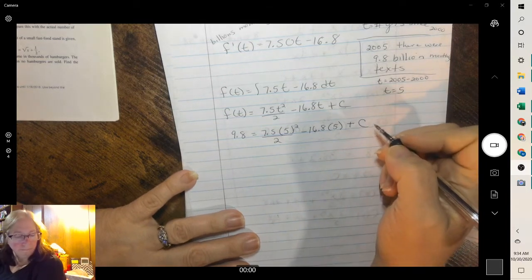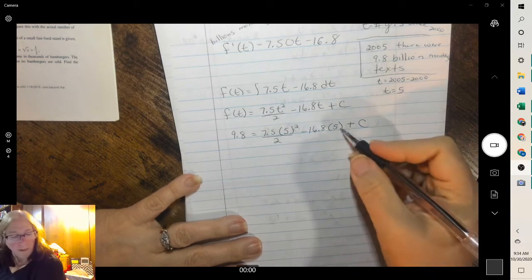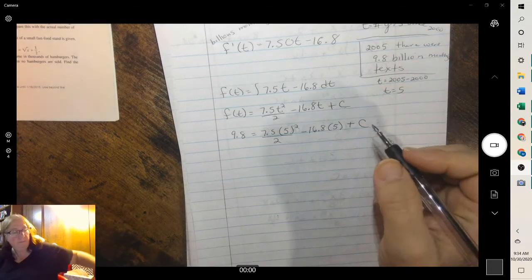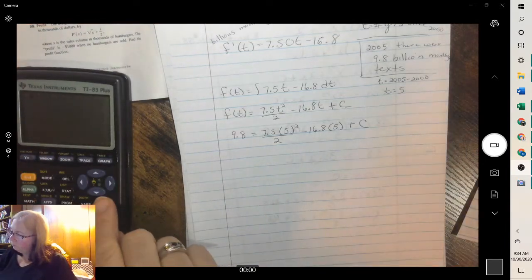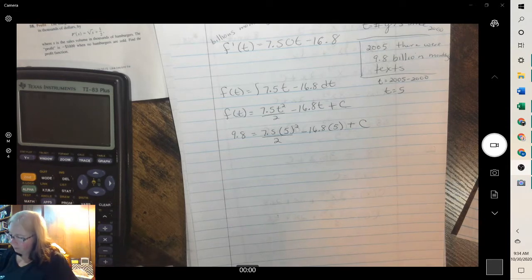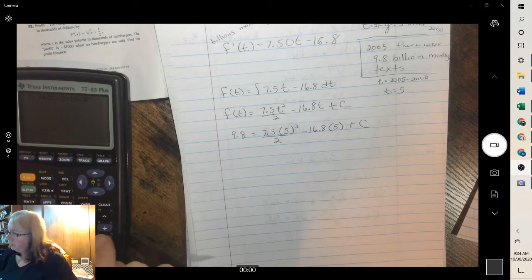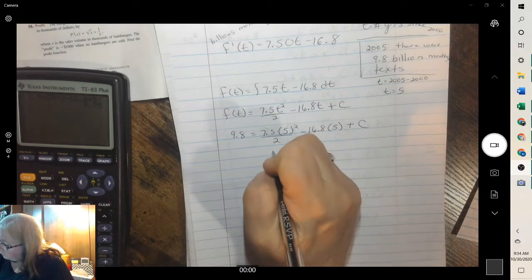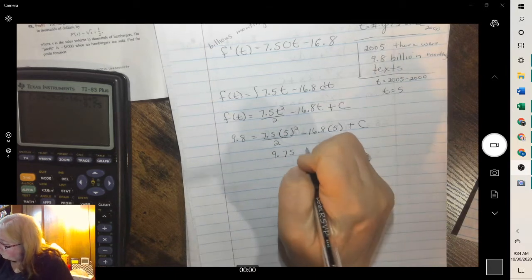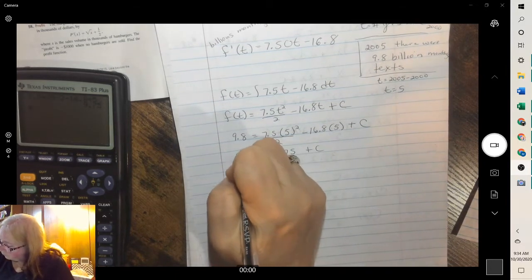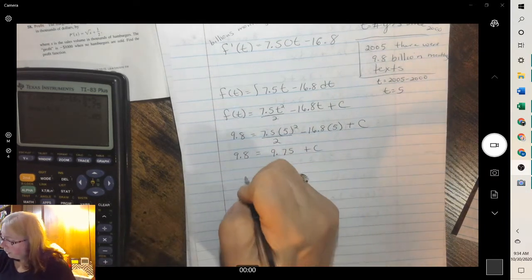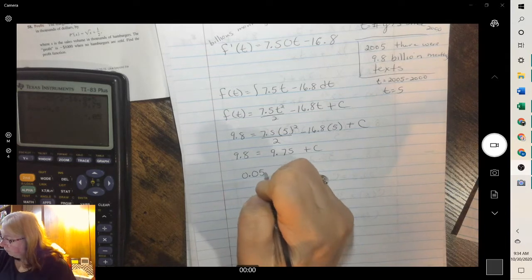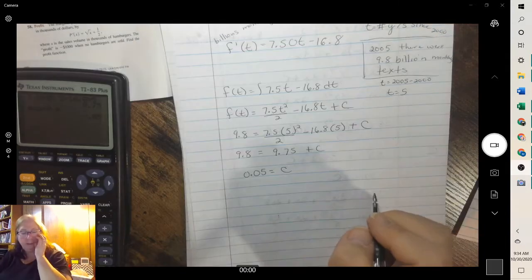And we want to calculate this. 7.5 times 25 divided by 2 minus 16.8 times 5. Subtract this to the other side, and C equals this.